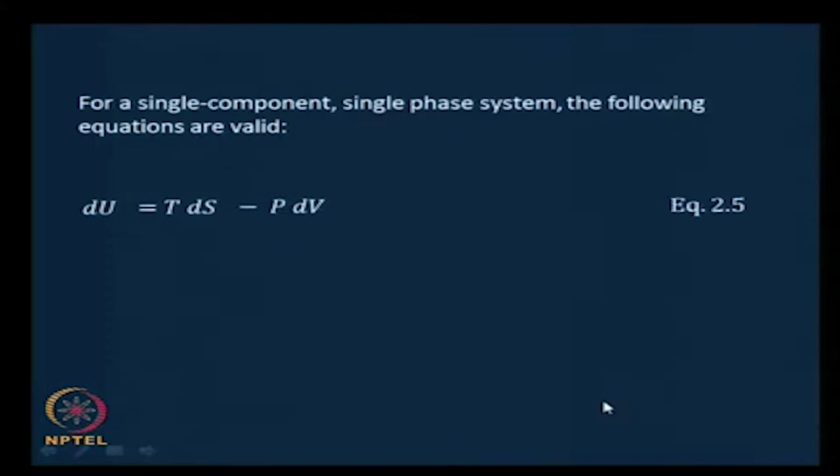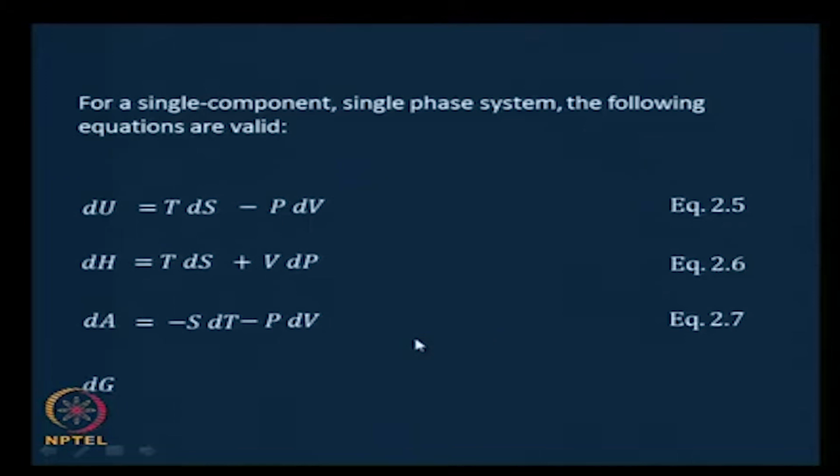Therefore, these equations are valid for a single component single phase closed system: dU equals TdS minus PdV, dH equals TdS plus VdP, dA equals minus SdT minus PdV, and dG equals minus SdT plus VdP.